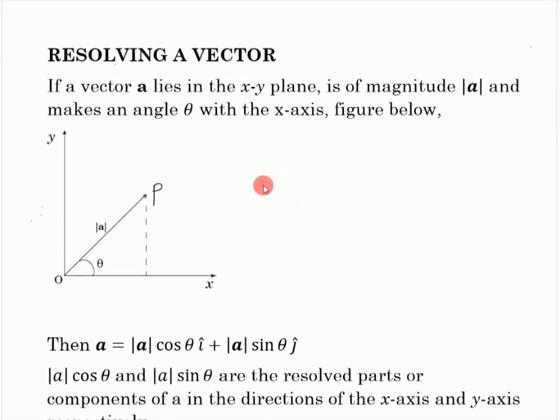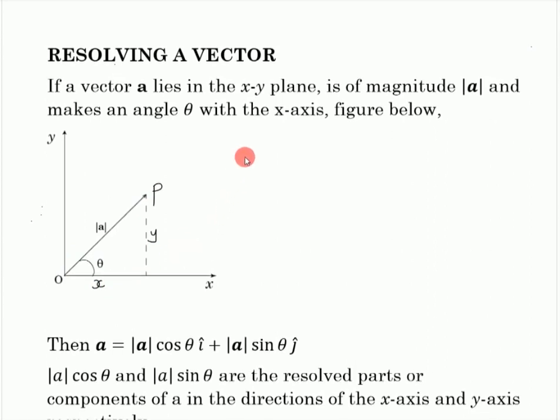Both can be got by using trigonometry. This side I can call x, and that y, so y is the component of the vector OP along the vertical, and x is the component along the horizontal.